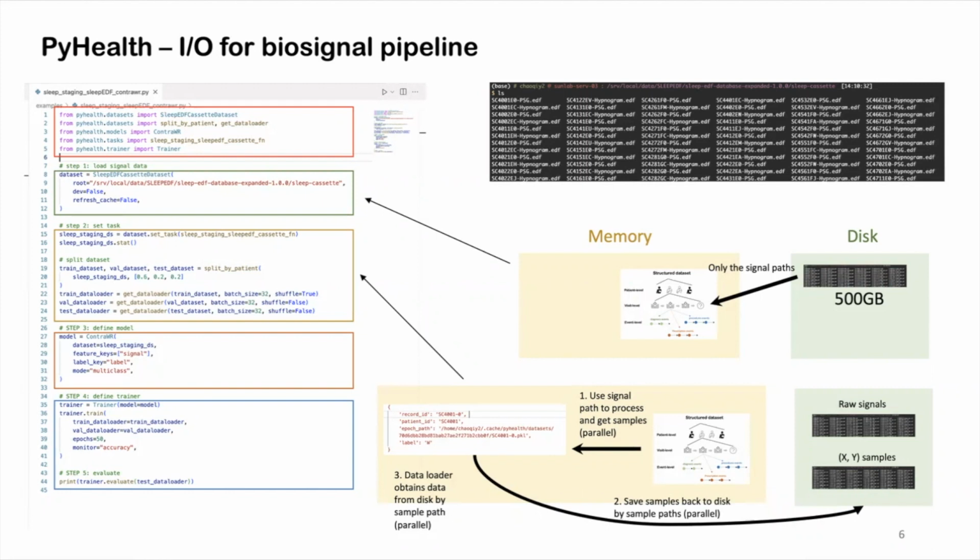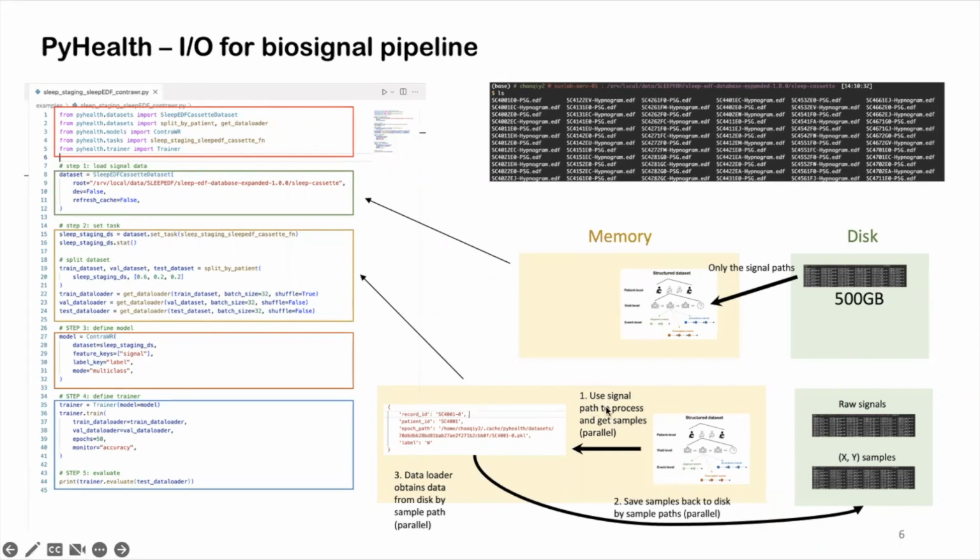For example, for the EEG sleep staging task, we will segment a long recording, like a 10 hour recording, into 30 seconds, 30 seconds, 30 seconds. Each 30 seconds will be the feature input to the model, and there will be one label associated with each 30-second segment.